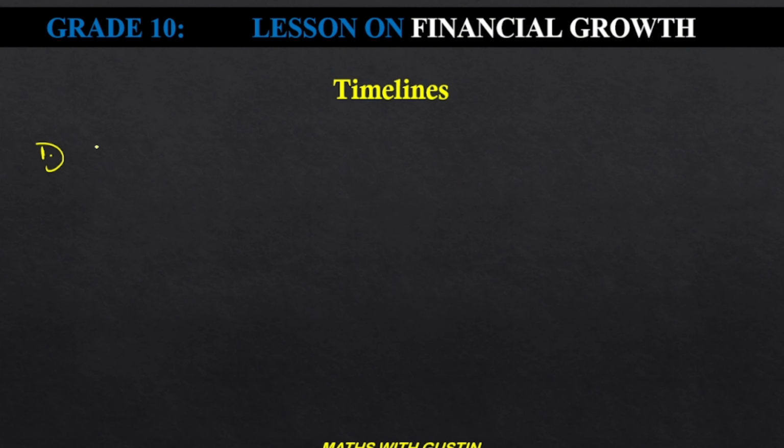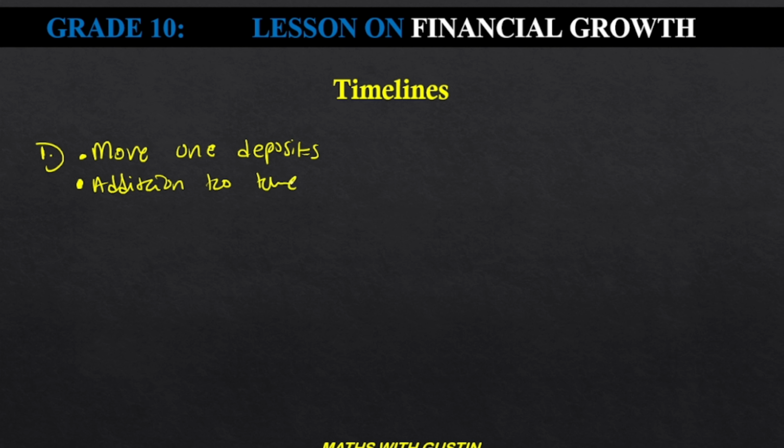Number one, you can use a timeline when there is more than one deposit into the account, or an addition to the initial deposit.